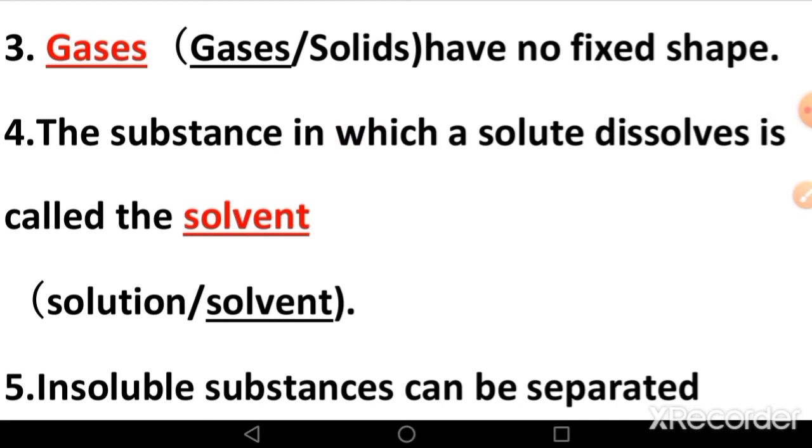Another option is solids, but solids have a fixed shape as particles are packed very close to each other.